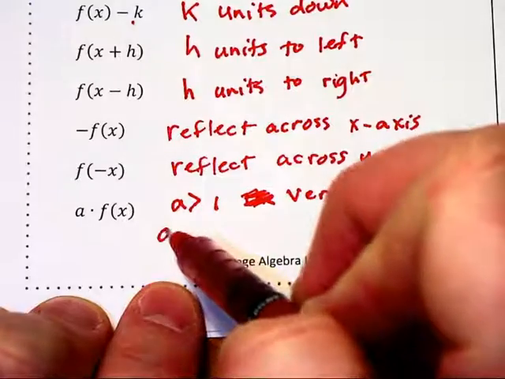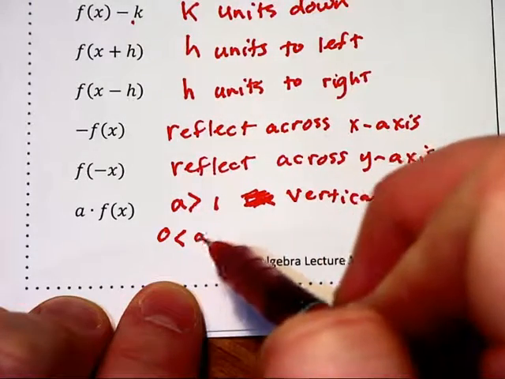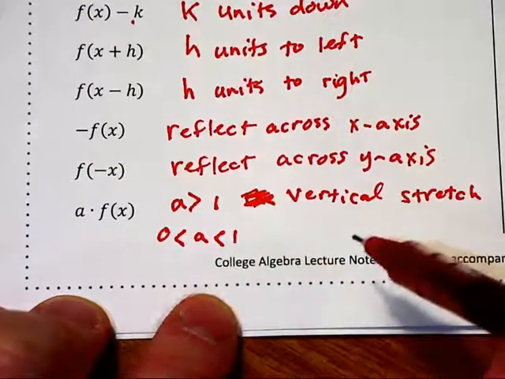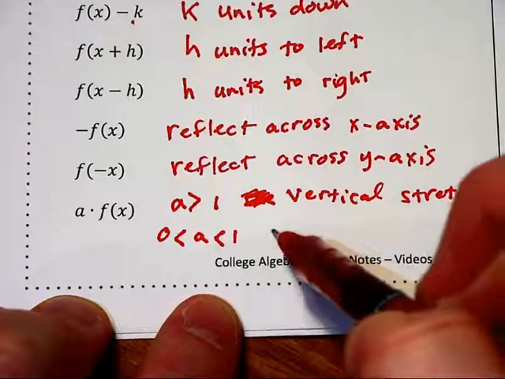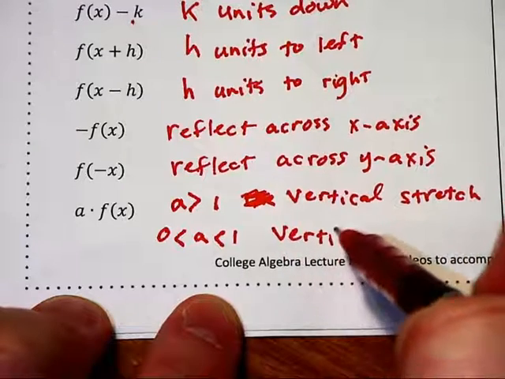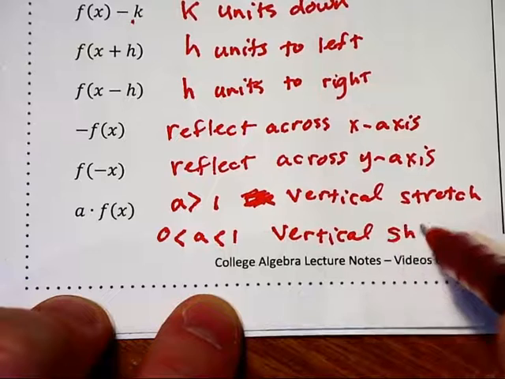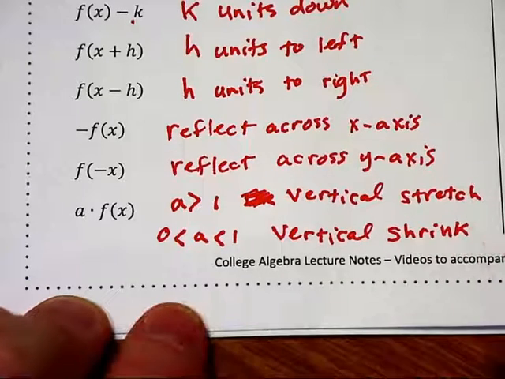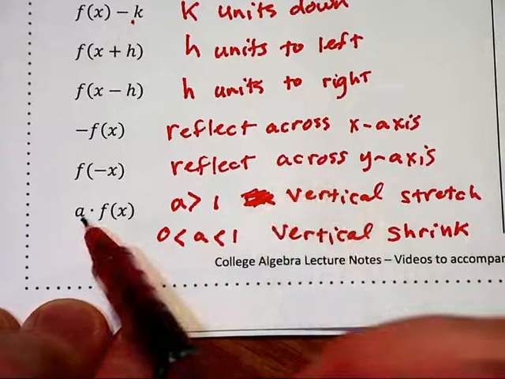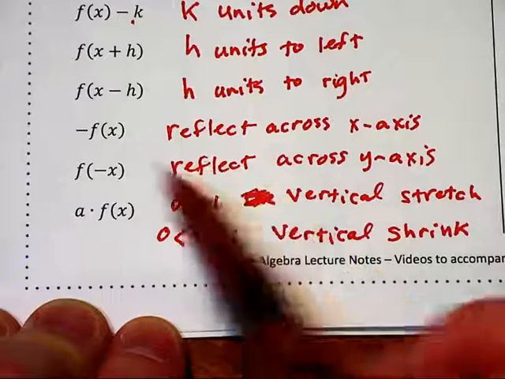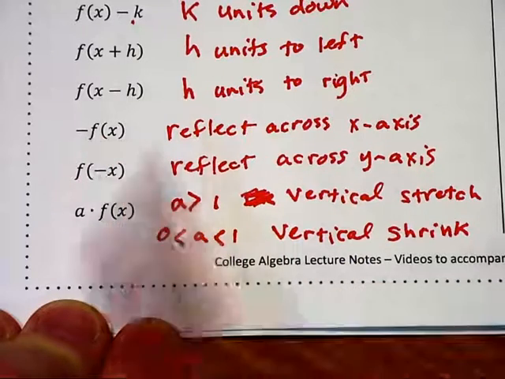When a is positive but between 0 and 1, when it's a proper fraction, then you're going to have a vertical shrink. It won't be as tall as the original graph. And if a is negative, then it's going to be upside down as we have up there with that negative f of x.